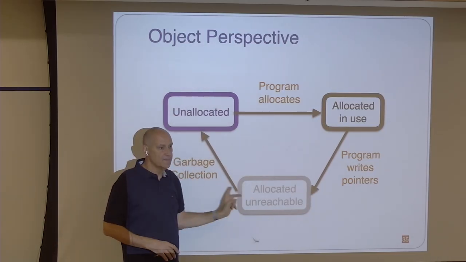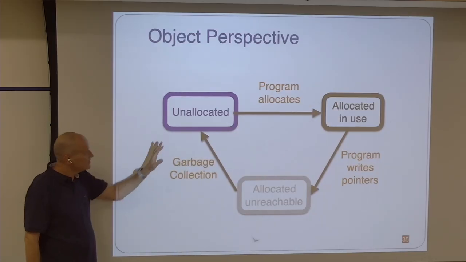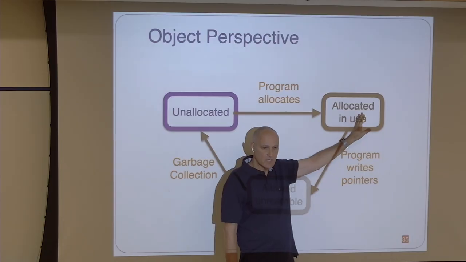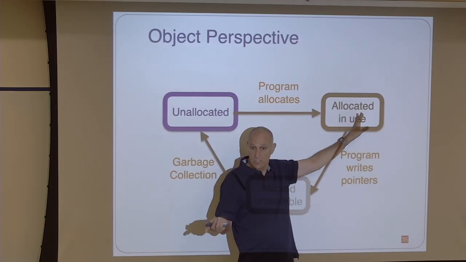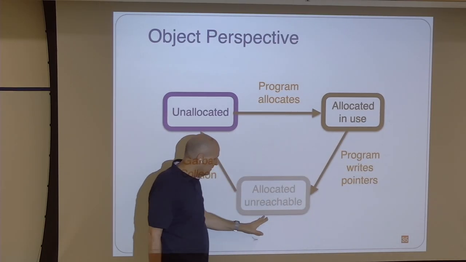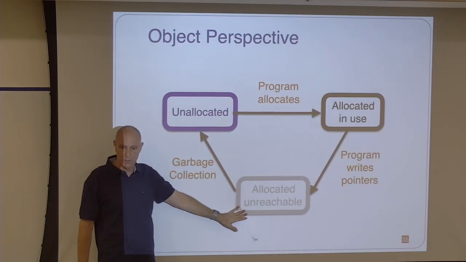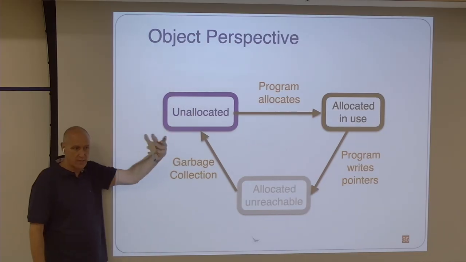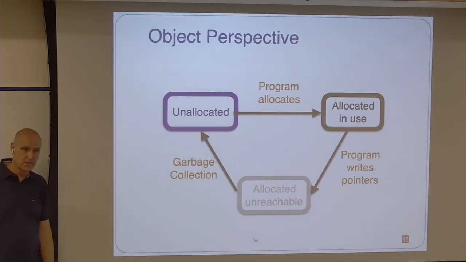So this is the life cycle of a space. It starts as unallocated, the program allocates it, the program finishes using it, then the program makes it unreachable. And when it's unreachable, the garbage collector can identify it and make it unallocated again so it can be used for future allocations.